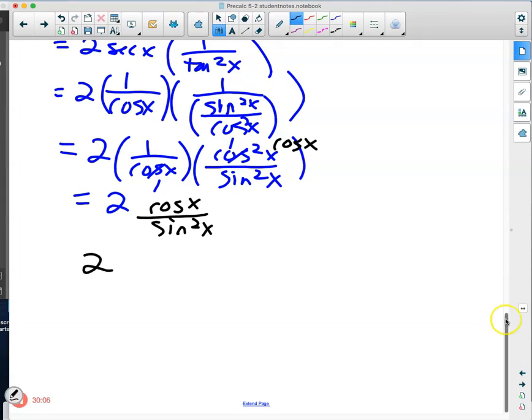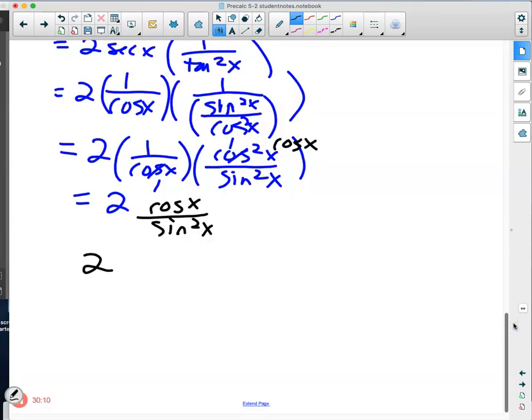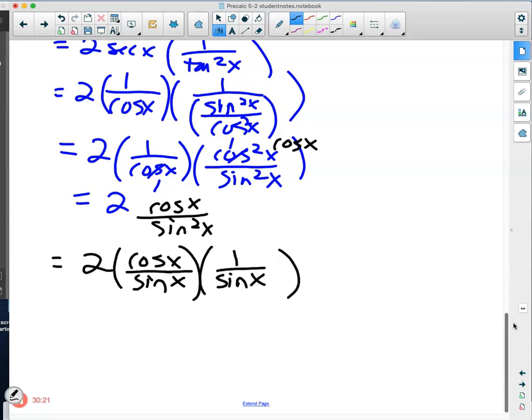So we'll have our 2 cosine sine, now we have what we wanted. We needed 2 cotangent x cosecant x.